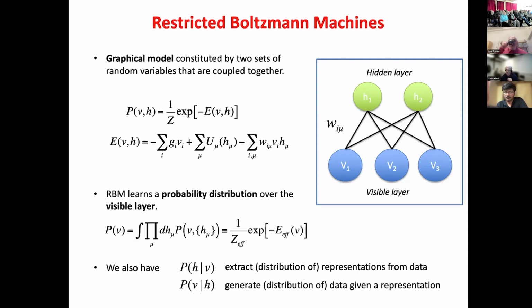An interesting point I want to mention is that due to the bipartite nature of this interaction graph, we may actually go both ways. Given a V, we can extract latent factor variation using the conditional probability of H given V. And if we have done that, we can go the other way. So we can generate new data given a representation using the P of V conditioned on H. I will do both in the following if I have enough time, which I hope I will have, right?